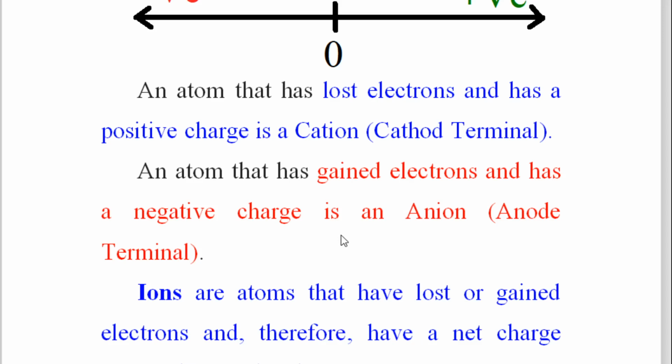Why is the cathode called cathode? Because on the right hand side, the pentavalent impurity atom loses the electron, and when that atom loses the electron, it is called a cation.